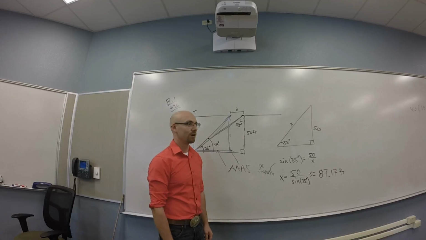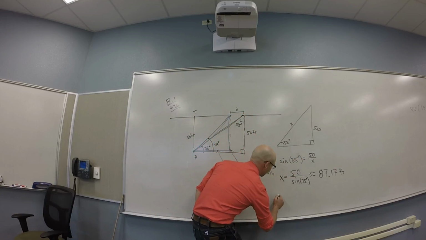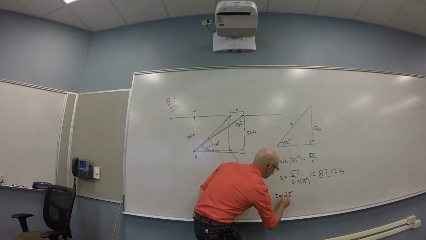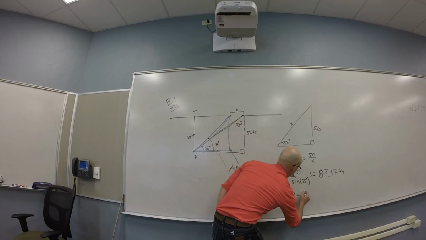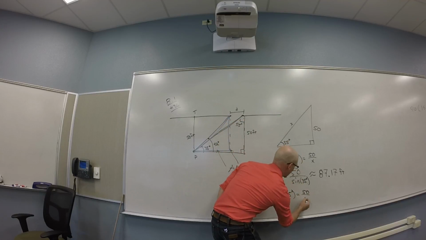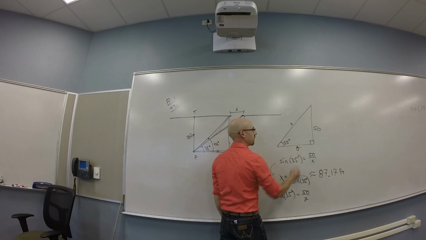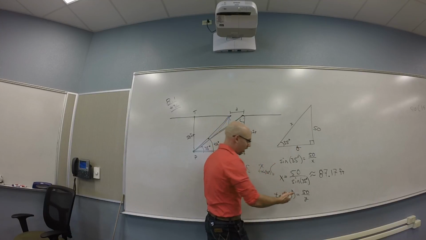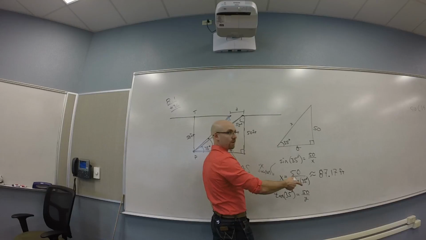Pick a reasonable one. I'm going to use tangent just because I just did this with sine. So tangent of 35 degrees is what? 50 over, I don't know, maybe we'll call that one y, right? So y is going to be 50 over tangent of 35 degrees.